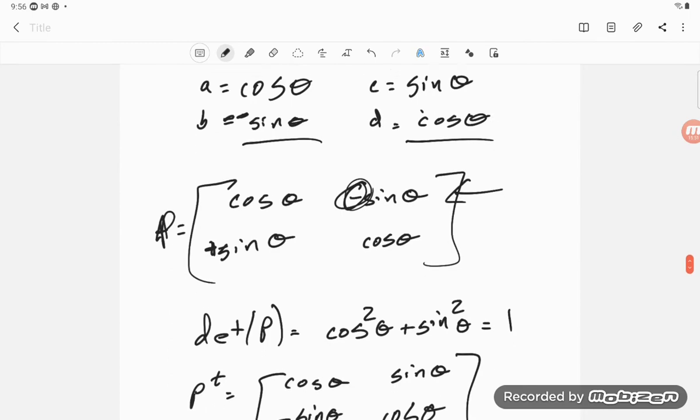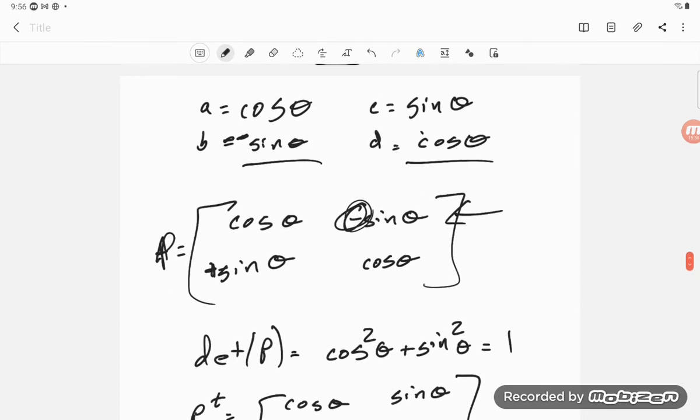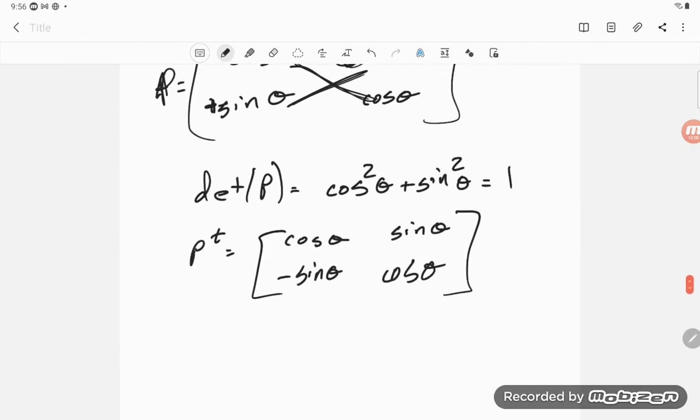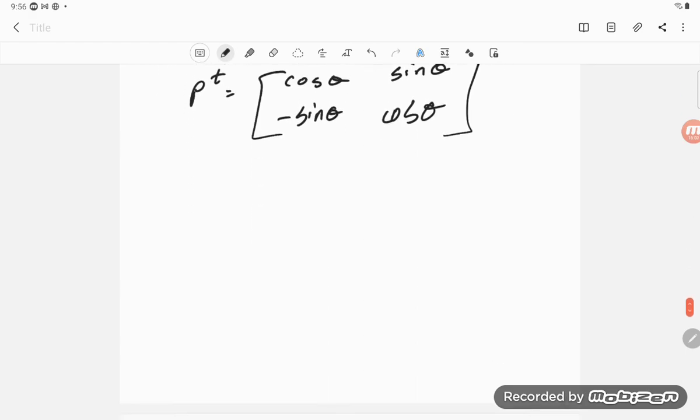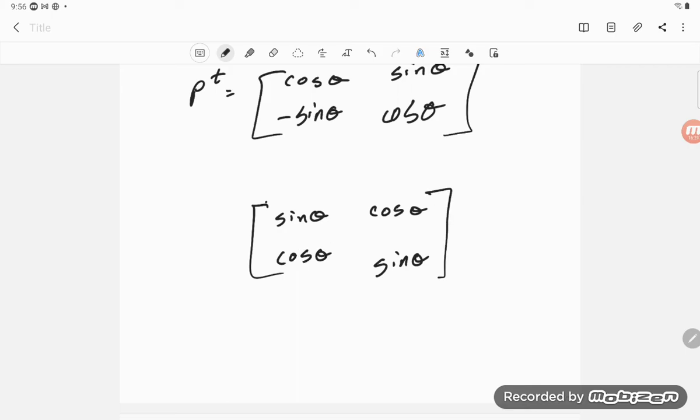And we do know that we need either these two are cosines and those two are sines. Now, what happens if we did it the other way around? What if we have some matrix that's, say, sine theta here, cosine theta, and a cosine theta, and we make one of those a minus.